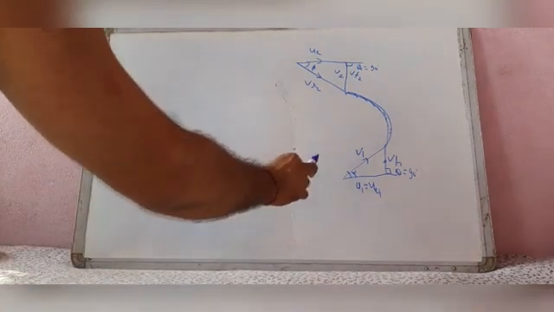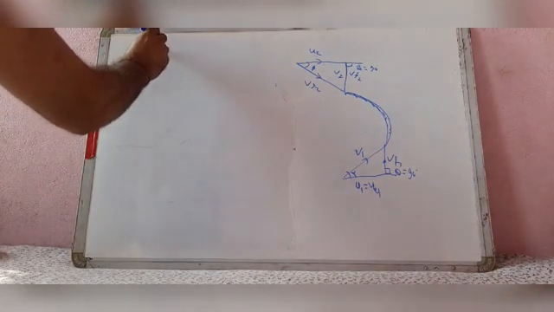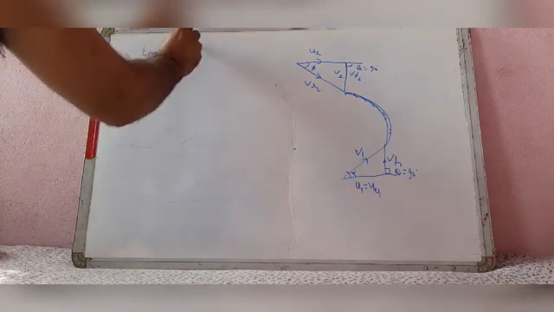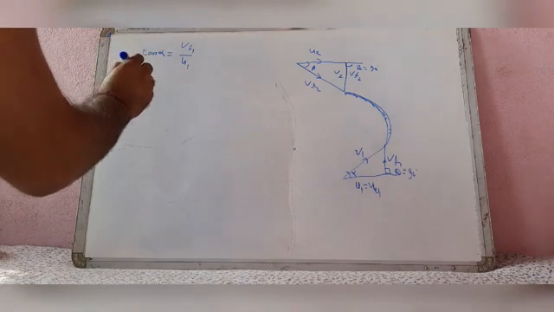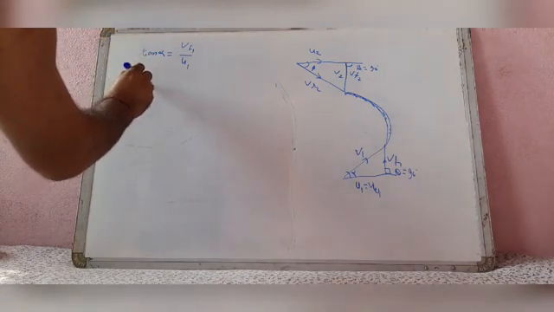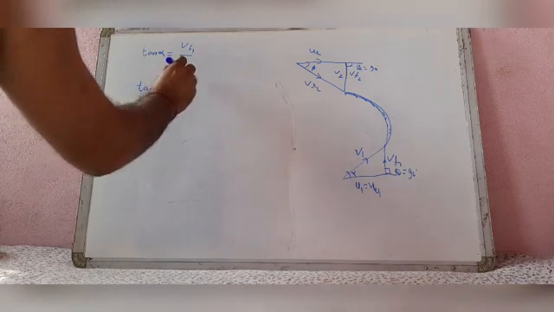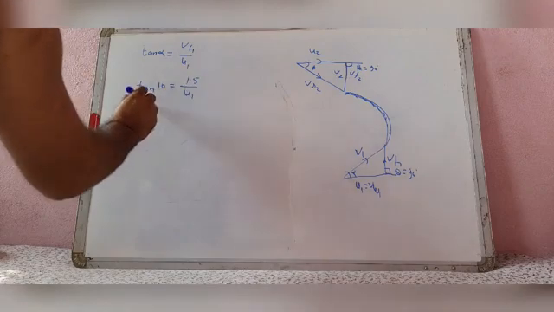From this inlet velocity triangle, tan alpha equal to Vf1 by U1. Putting the values here, tan 10 equal to 2.5 by U1.